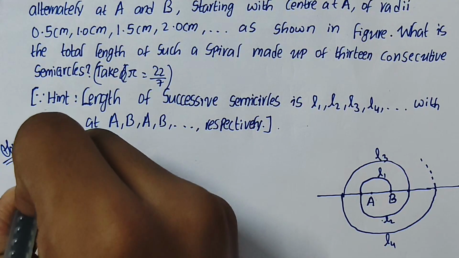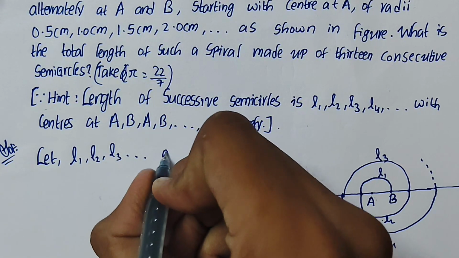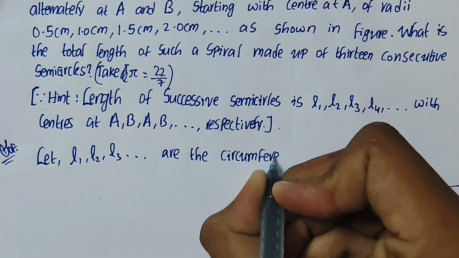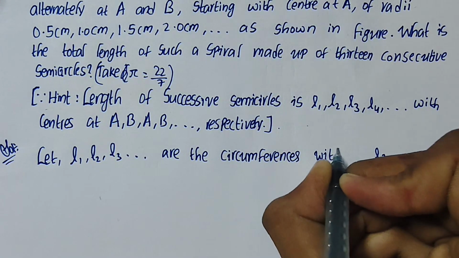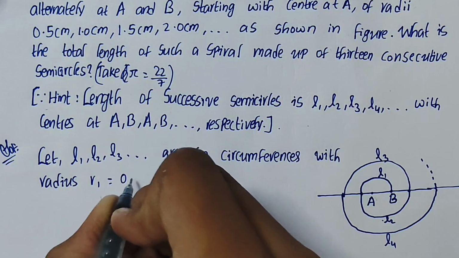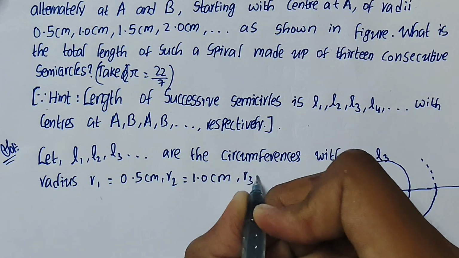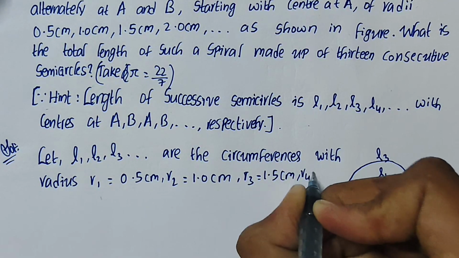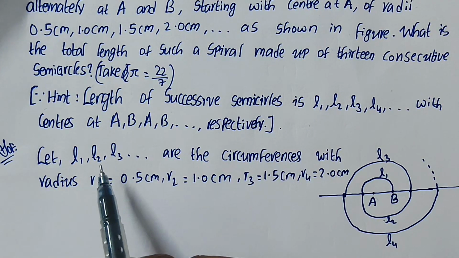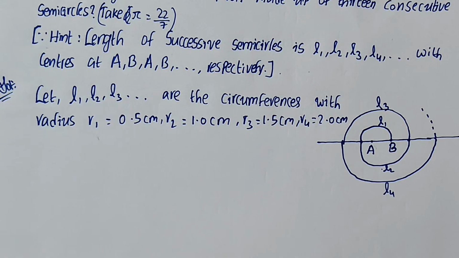So here I am writing that let L1, L2, L3, and so on are the circumferences with the radius R1 is equals to 0.5 centimeter, and R2 is equals to 1.0 centimeter, R3 is equals to 1.5 centimeter, R4 is equals to 2.0 centimeter, are the radii for the L1, L2, L3, which are the circumferences of the semicircles.